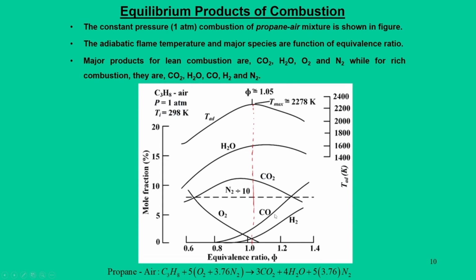Of course, CO and H2 concentrations increase as we increase the equivalence ratio and our fuel becomes richer and richer. Oxygen concentration drops, and at one point of time it becomes substantially 0 because we are moving towards rich mixtures. So, all these consequences happen.